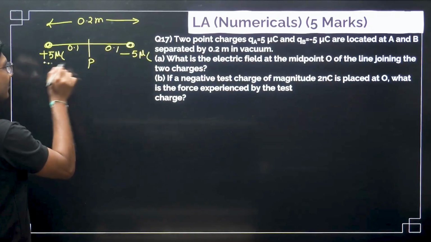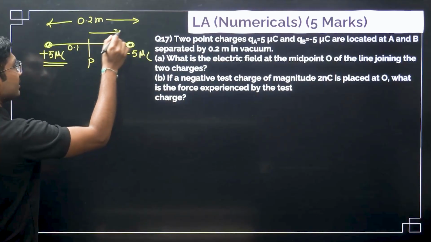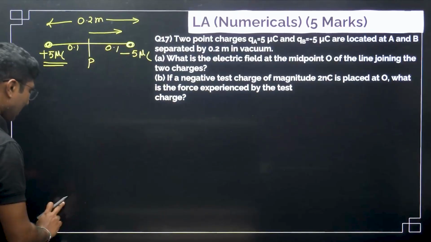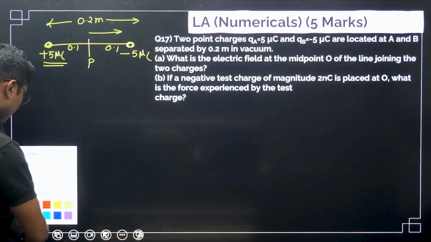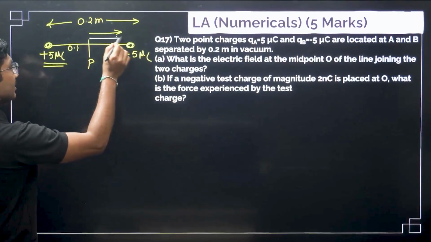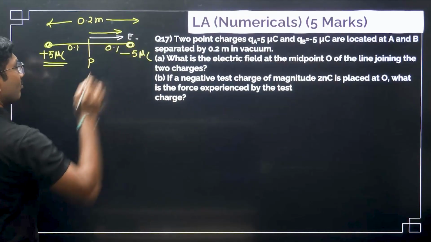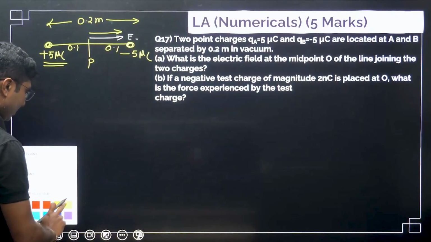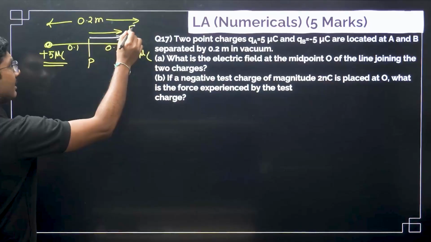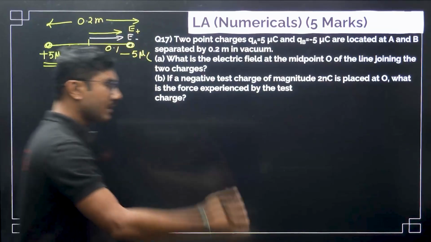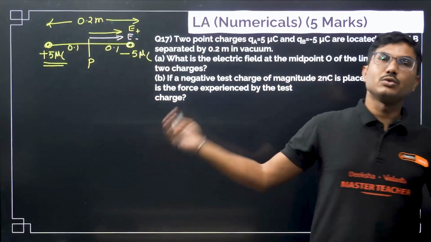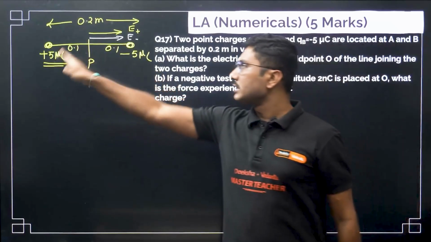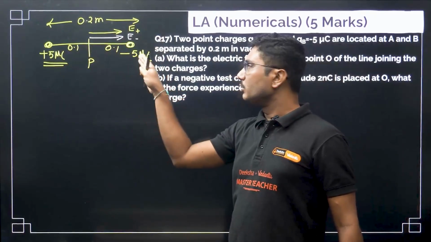Now electric field due to the positive charge is in this direction, electric field due to the negative charge is in this direction. Both are in the same direction. Why? Because electric field due to positive is away from, electric field due to negative is towards. So plus means away, negative means towards.